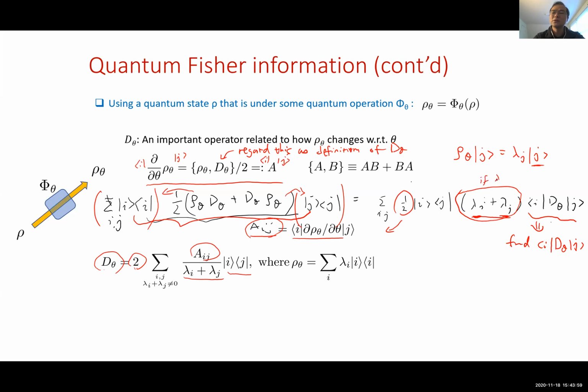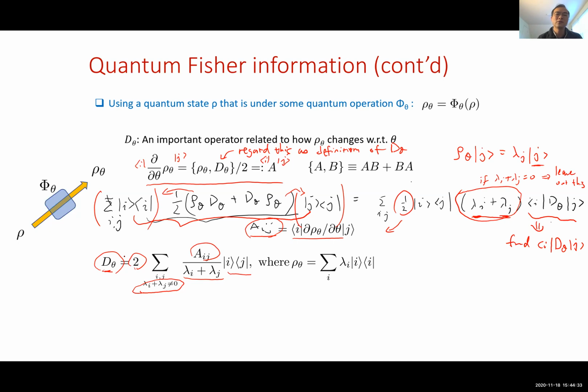If this summation is 0, then the inversion of that has no meaning, so I should just leave this out. That's the constraint. In the following, I will probably not write this. So this gives us a definition of D theta.